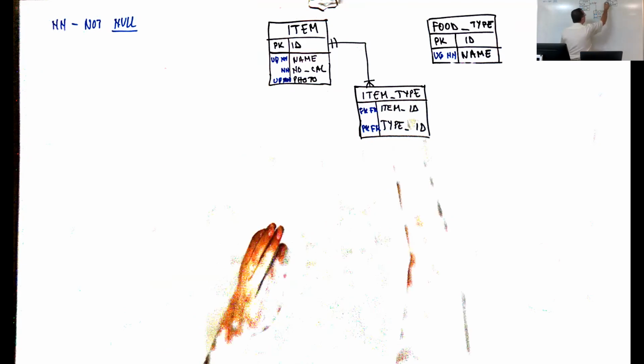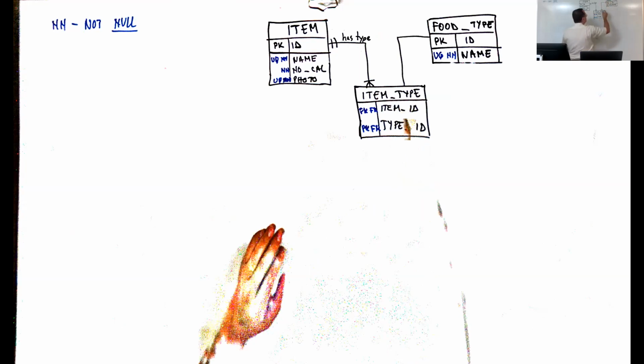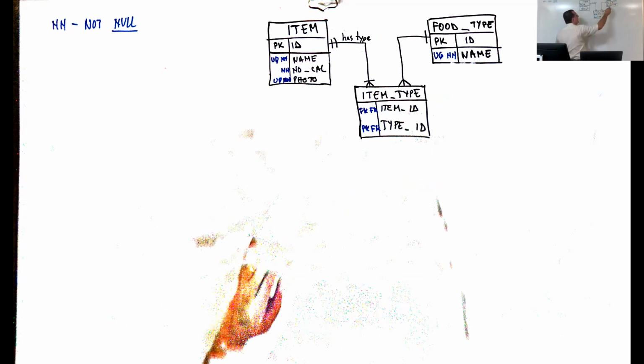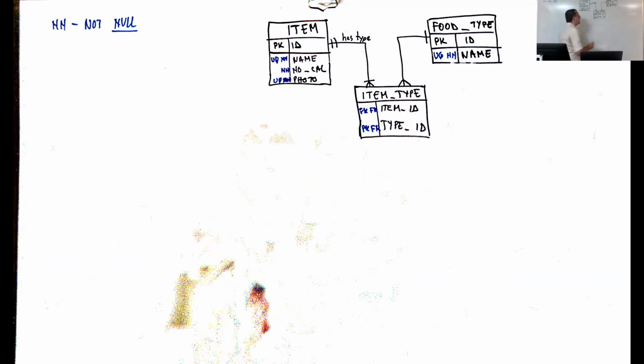item type, and from food type, again, I'll have a one-to-many, because an item type will be related to a single food type, and a food type will appear in several item types. So it's a one-to-many. And let's look at participation now.